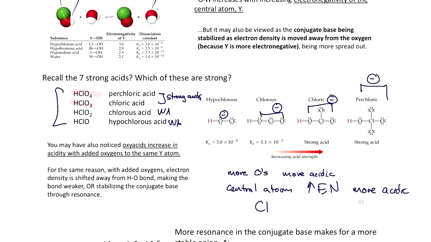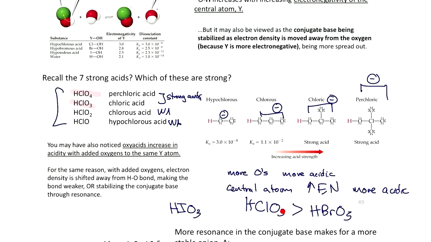For example, if I compared HClO3 versus HBrO3, HClO3 is going to be more acidic here because chlorine is more electronegative than bromine. Versus if I wanted to compare HIO3, is it going to be more or less acidic than these two?